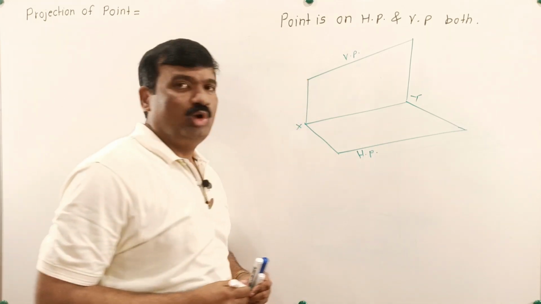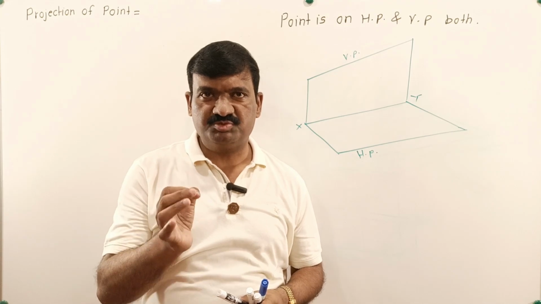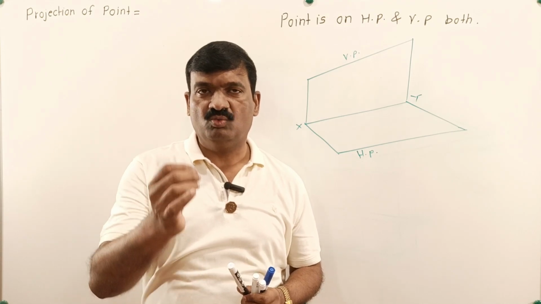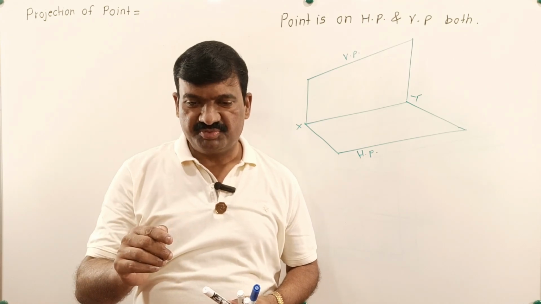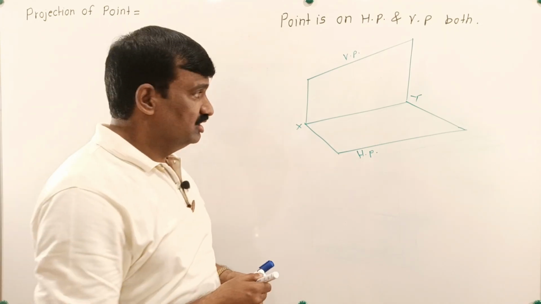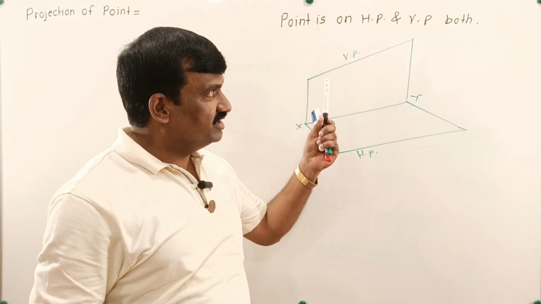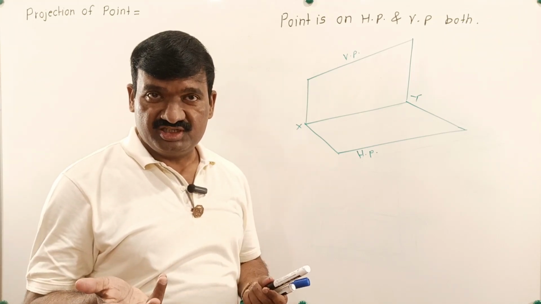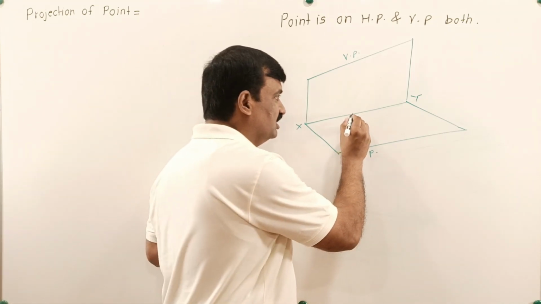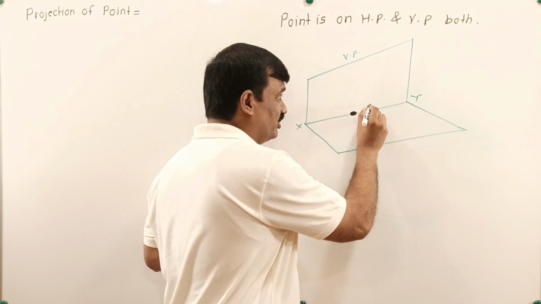What is given? Point is present on HP and VP both. So which part is common for HP and VP? One edge line. That line is called XY line. So when the point is present on HP and VP both, when point is present on HP, its front view is on XY line. When point is present on VP, its top view is present on XY line. So when the point is present on HP and VP both, then front view and top view of the point is the same point.